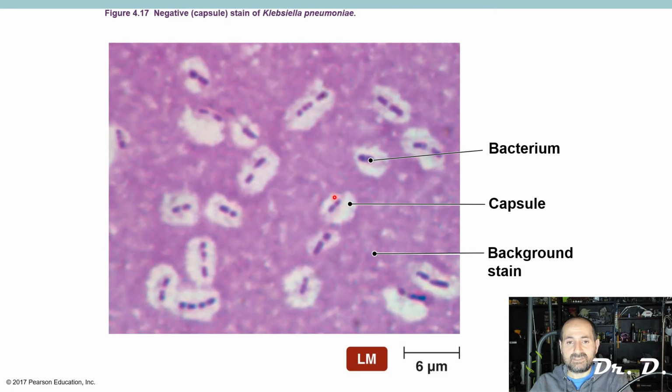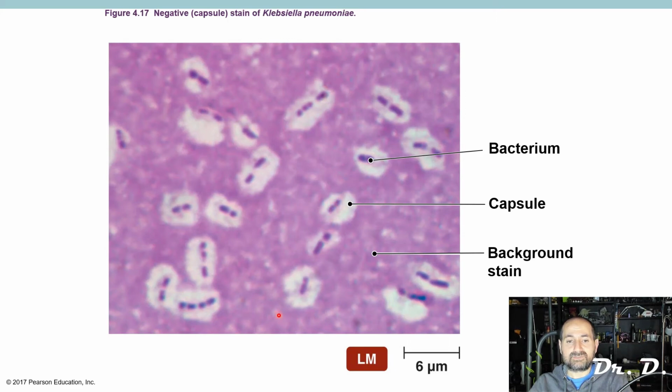Look, in this case, it's a negative stain to look at Klebsiella pneumoniae. These are bacteria that have a capsule. When you stain, the bacteria itself is stained. Look at this. You see this rod-shaped bacteria? The bacteria itself is stained. The background is stained.